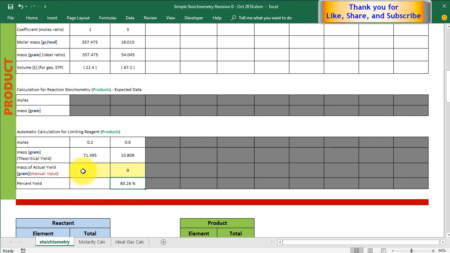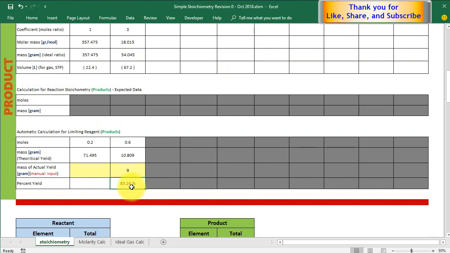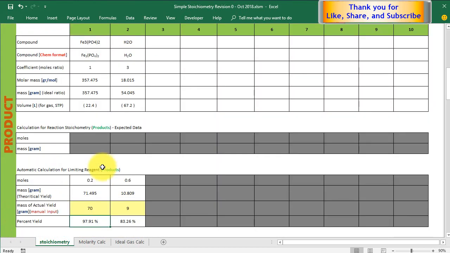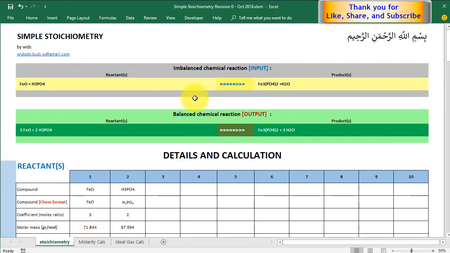The mass of water is only 9 grams, and it means the percent yield of this reaction is 83.26%, or around 72.870 grams means the iron phosphate percent yield is 97.91%. Right, that's a sample we can try.